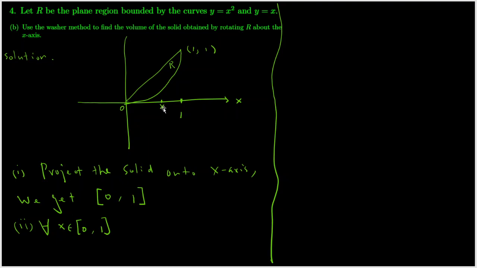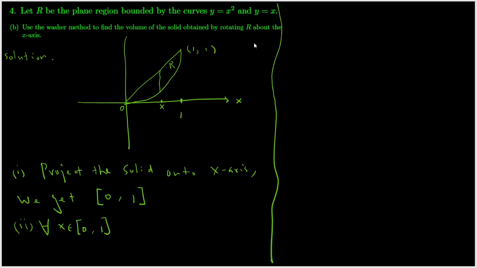That is the cross-section. I'm trying to define the cross-section in a different way. Passing through this point, you have a vertical line segment. I hope it's not too hard to understand.